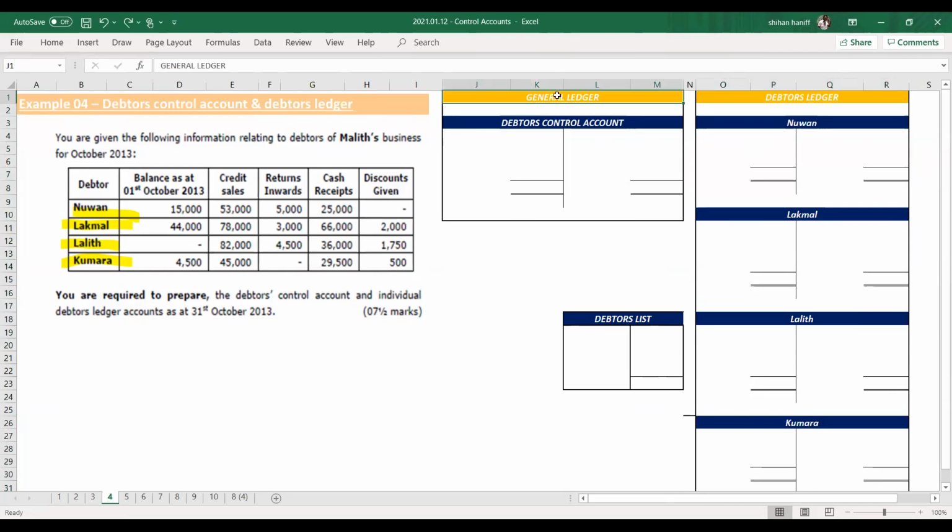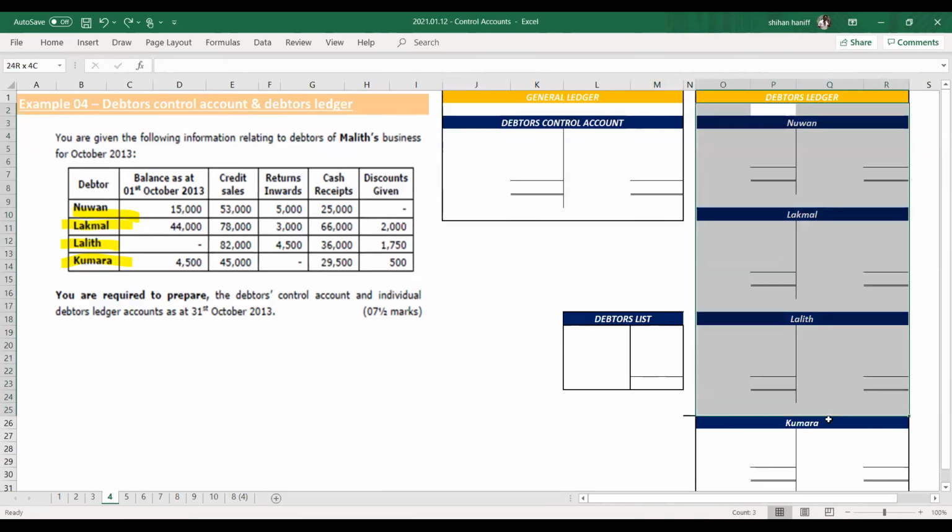Write the heading general ledger and draw one account for debtors control account. Then write the heading debtors ledger and draw 4 ledger accounts for Nuan, Lakshman, Lalit, and Kumara.